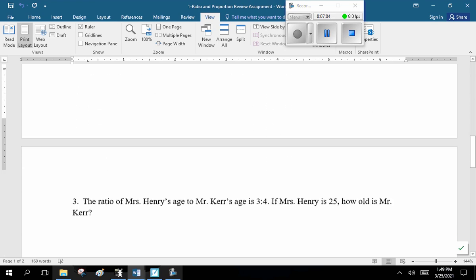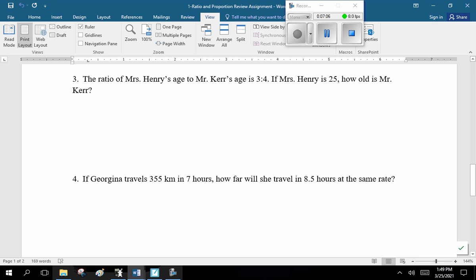Actually, I'm feeling generous. We'll do one quick word question here. The ratio of Mrs. Henry's age to Mr. Kerr's age is 3 to 4. Mrs. Henry is 25, how old is Mr. Kerr? This is the old-fashioned way of writing it, 3 colon 4.